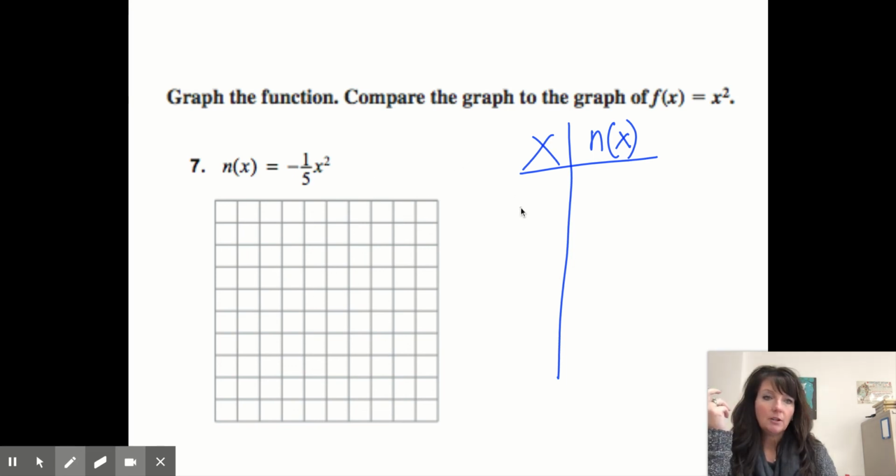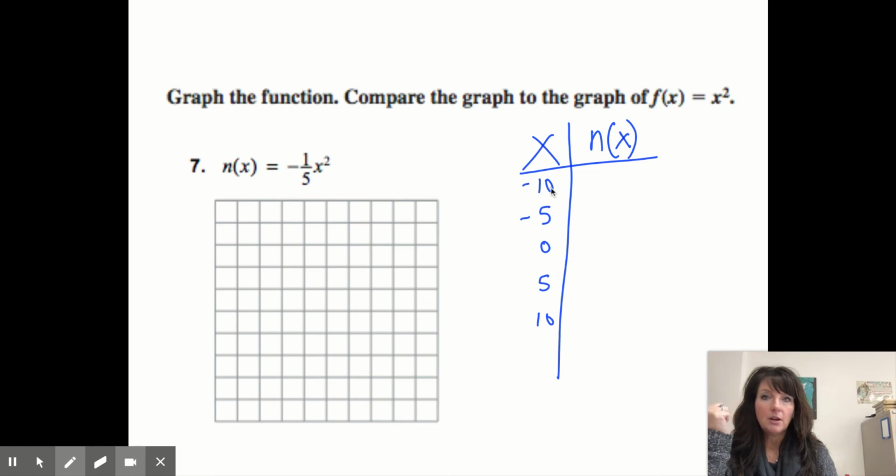So I'm just going to use some things that are divisible by 5. So let me do maybe -10, -5, 0, 5, and 10. Maybe this will make the math a little bit easier. So we're going to square this.